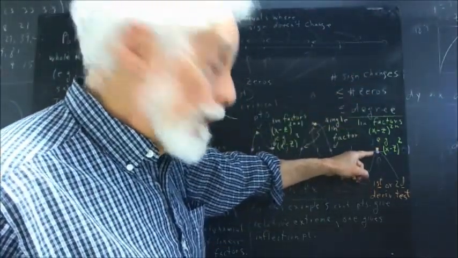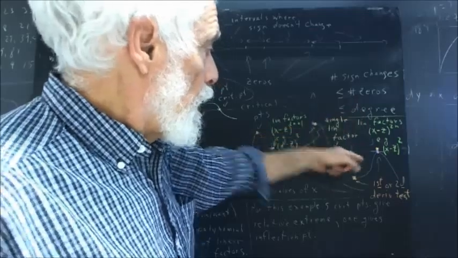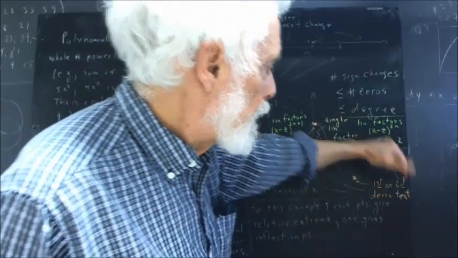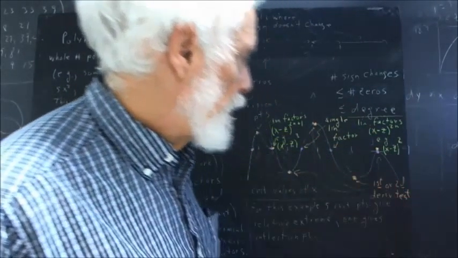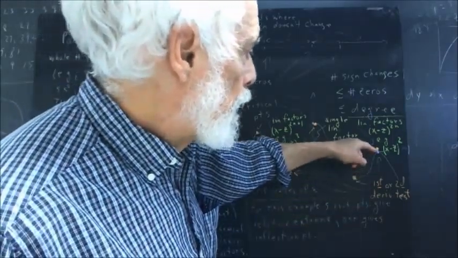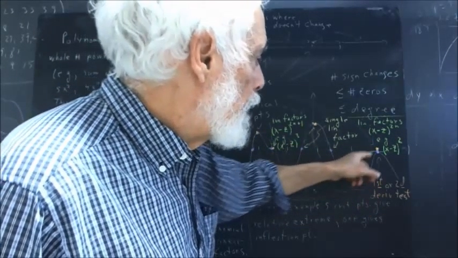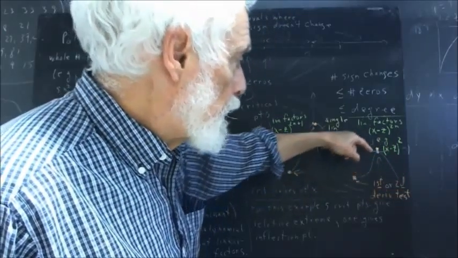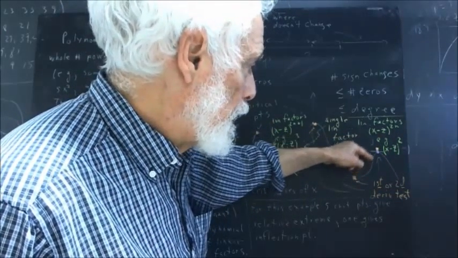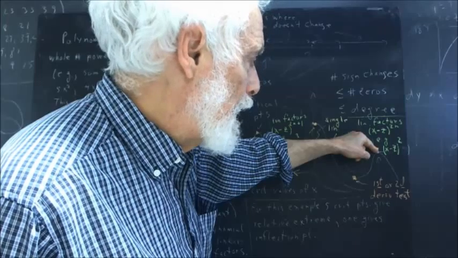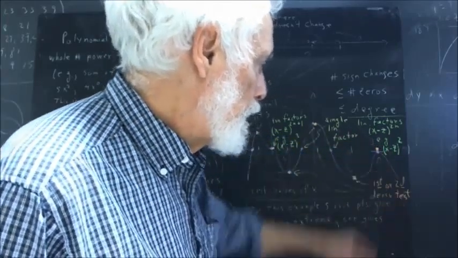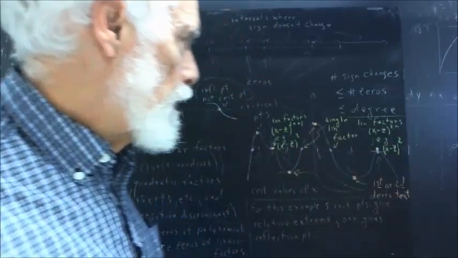Now, at a critical point, as we've seen, like this one, our second derivative test would tell us that the graph is concave down at this point, and that therefore this is a relative maximum, meaning that the sign of the polynomial function would not change at this point. It would be negative here, reaching a maximum at 0, but then immediately turning around and going back into the negative numbers.